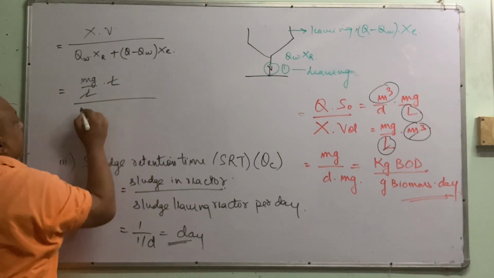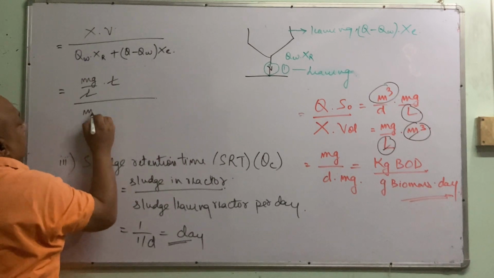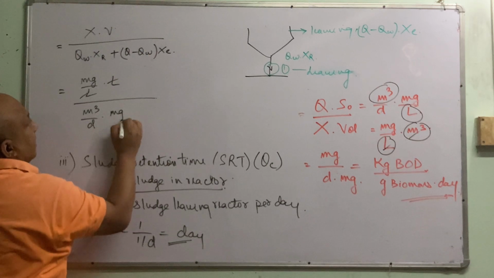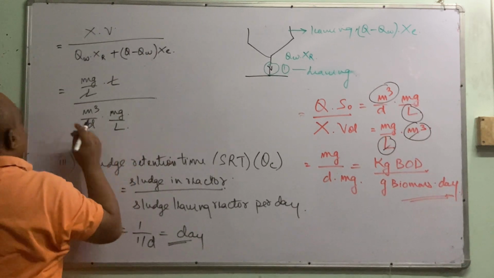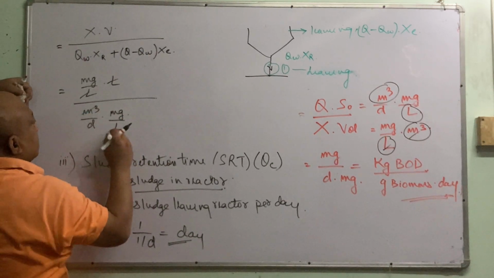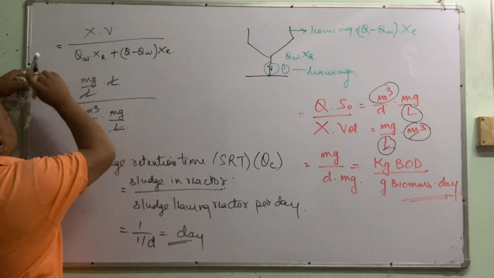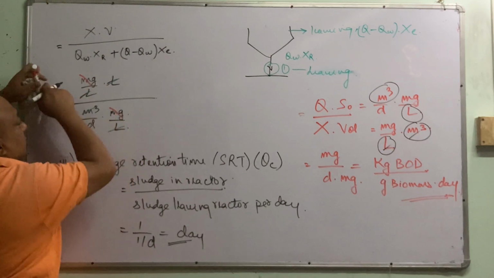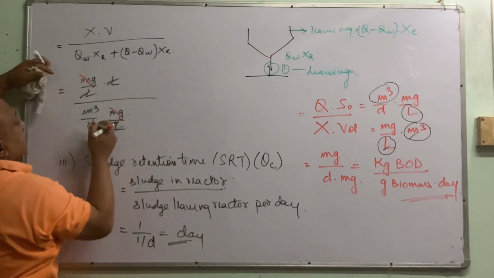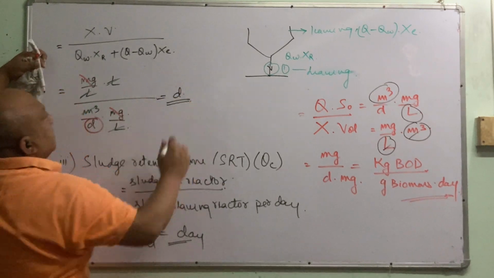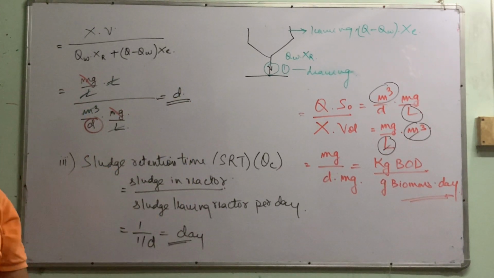Divided by QW into XR, where Q is meter cube per day and XR is milligram per liter. So meter cube and liter cancel, and milligram and milligram will again be cancelled. So this day is left, it is becoming day. Is it okay? Is it fine? So this is SRT.